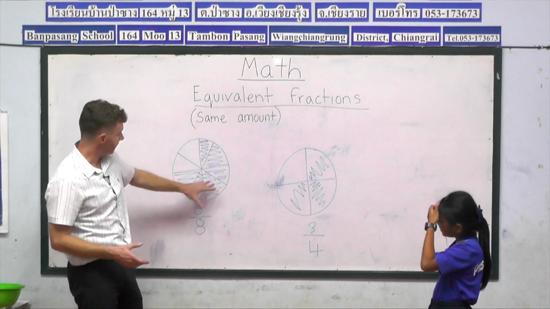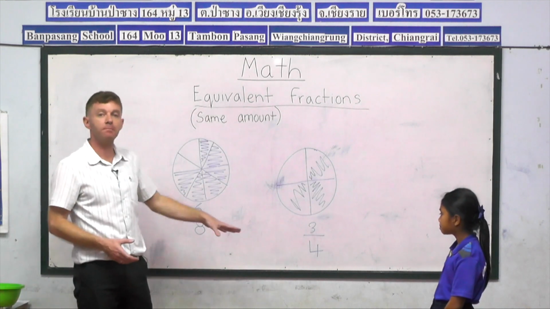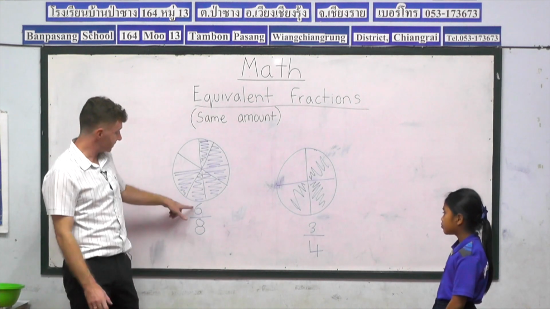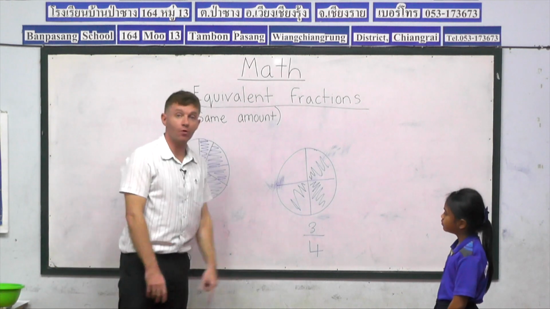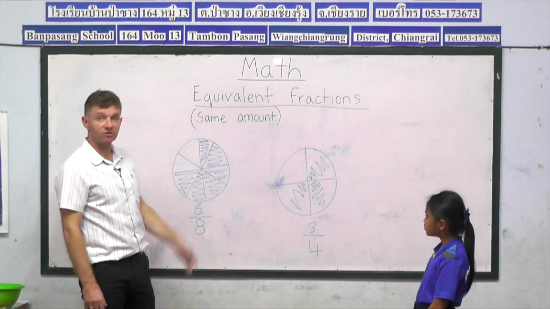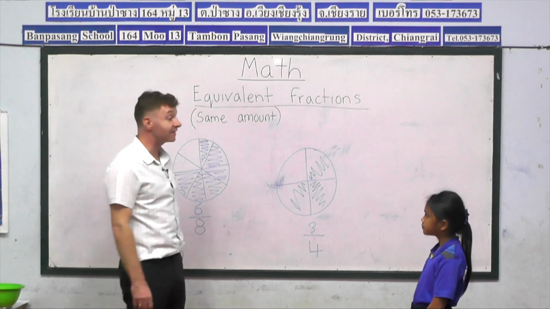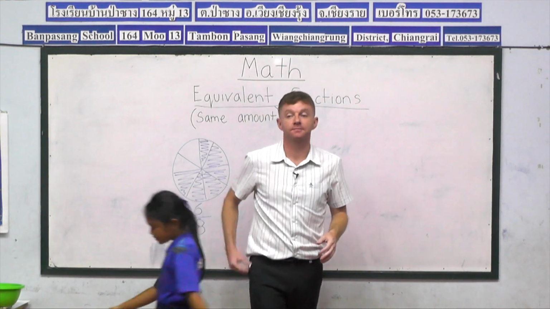You can see the same portions of the circle have been coloured in blue. So altogether, guys, 6/8, 3/4, equivalent fractions. Pak Bung, that was excellent. High five. Big round of applause for Pak Bung, please, guys.